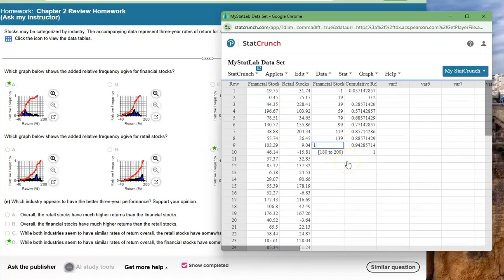Each time I'm looking at what was listed as the upper limit, like 200, subtract 1, so 199.